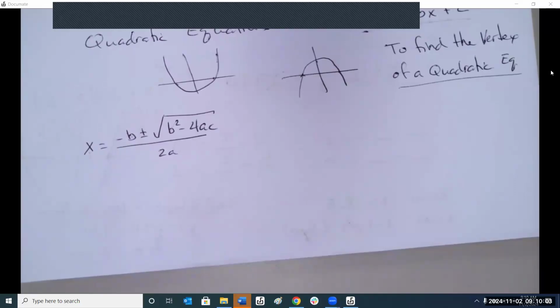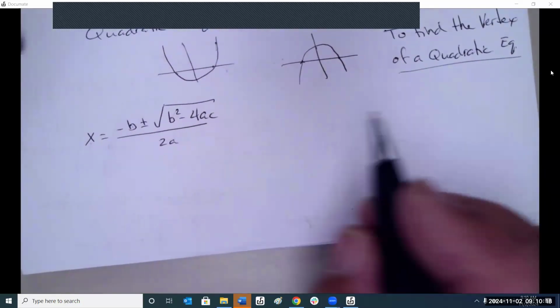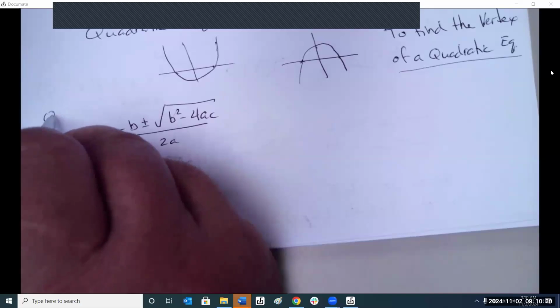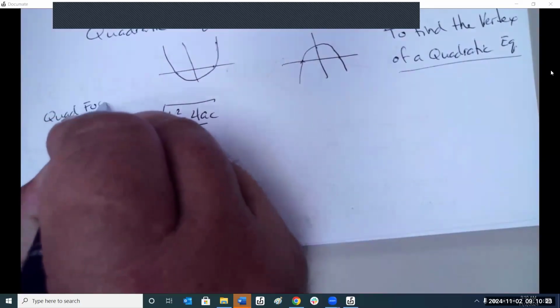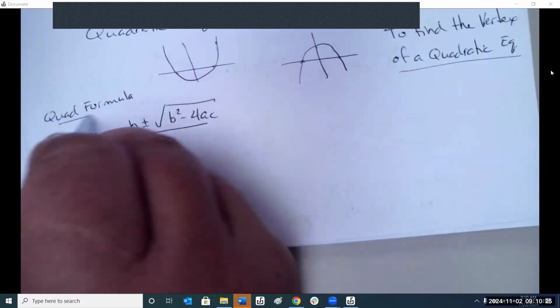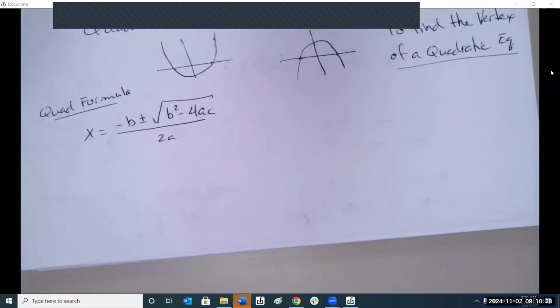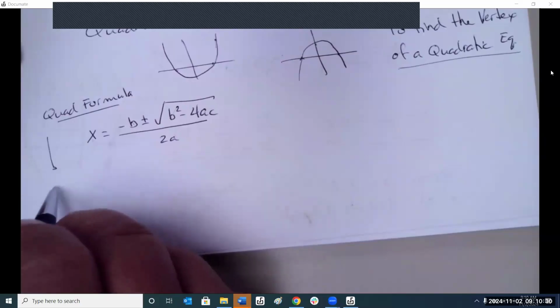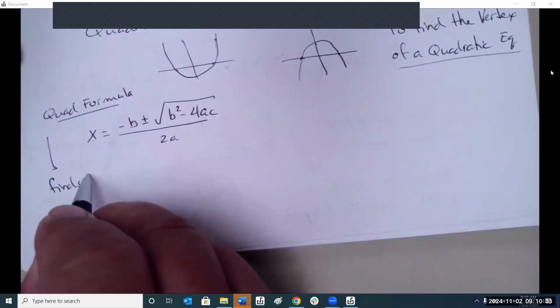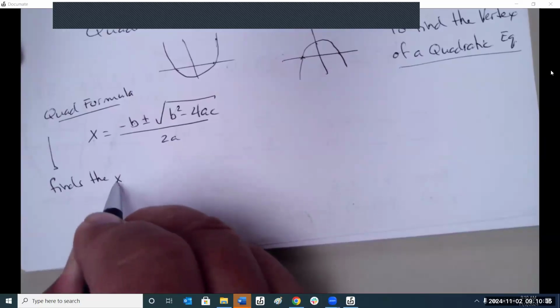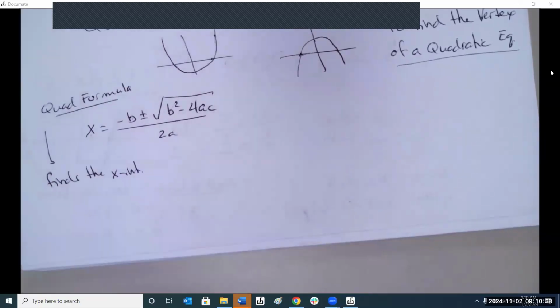It only works for quadratic equations. If we haven't discussed it before, then we'll discuss it now. This is the quadratic formula. What does it do? It finds the x-intercepts or the solutions.